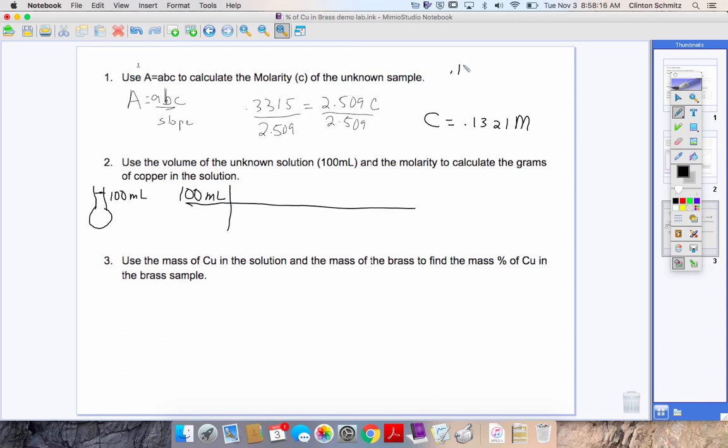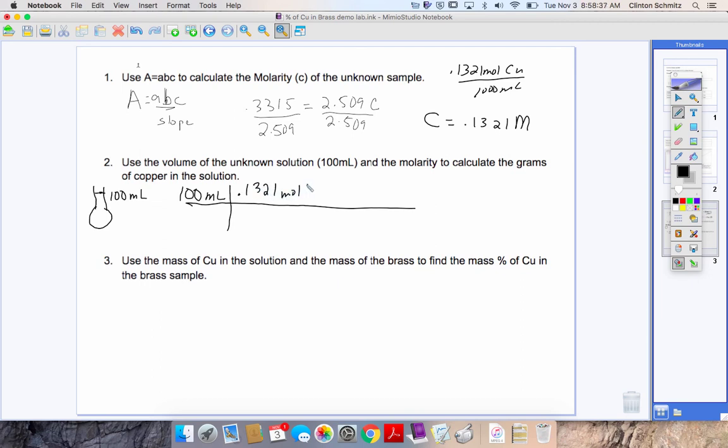Now the molarity that I got is 0.1321, which means there's exactly 0.1321 moles of copper in 1,000 milliliters. That's the molarity: moles per 1 liter, or moles per 1,000 milliliters.